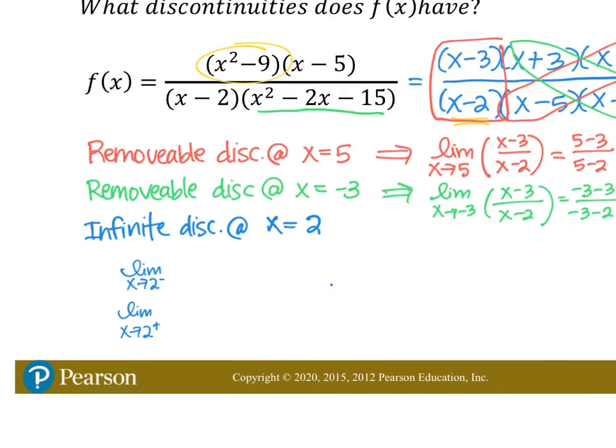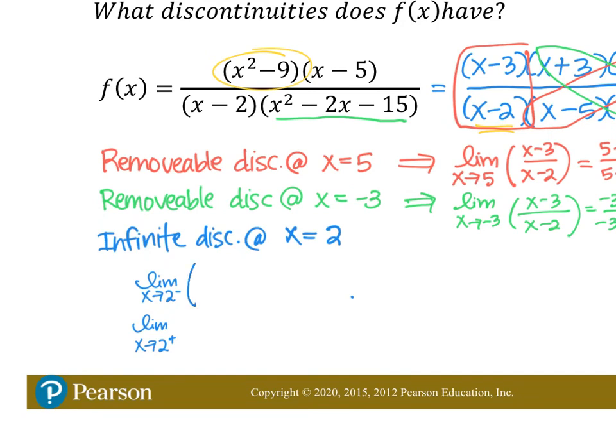Again, we use what's left, so we'll have x minus 3 over x minus 2. So that would give me 2 minus minus 3 over 2 minus minus 2. That would give me negative 1 minus over 0 minus.